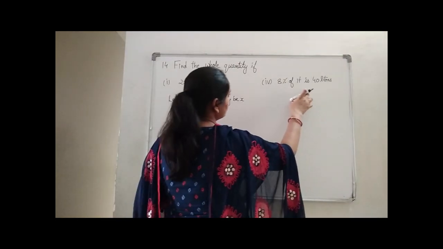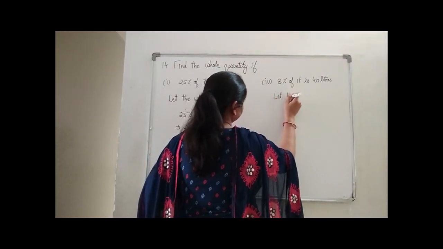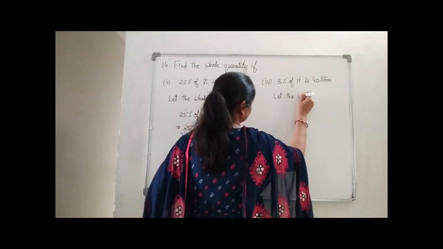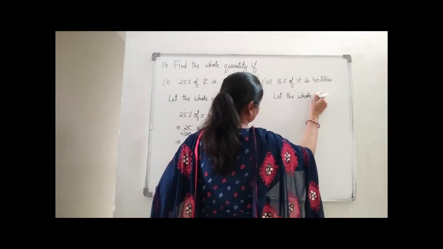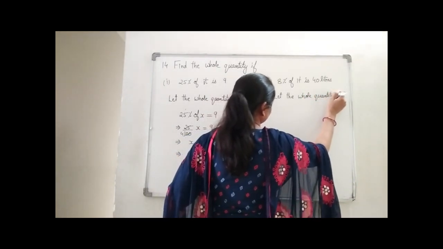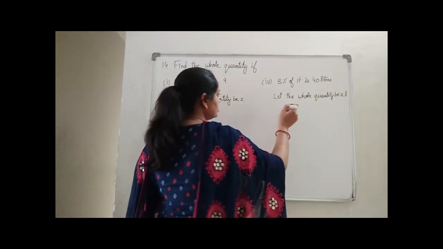Okay. Now see the fourth part. 8% of it is 40 liters. Again we can suppose let the whole quantity be x liters, because it is in liters.